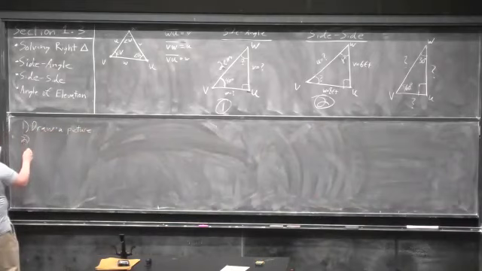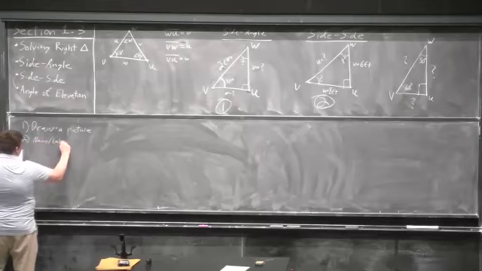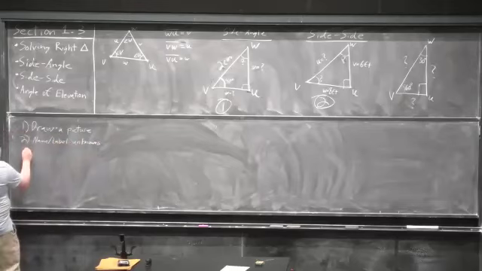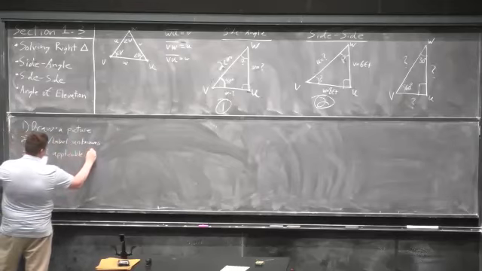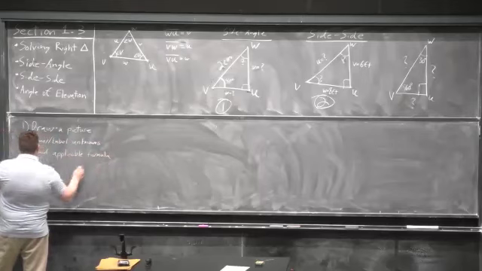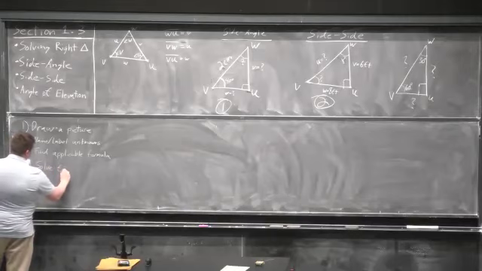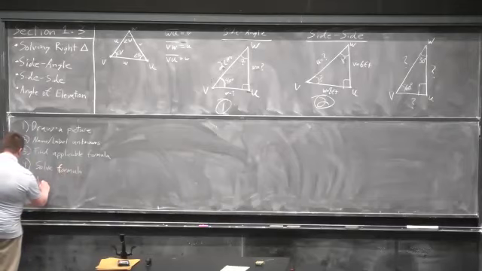Step 2 is name/label unknowns. 3, find applicable formula. 4, solve formula. 5, answer with context.